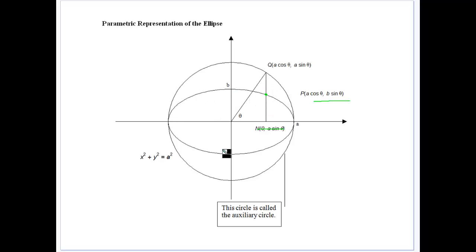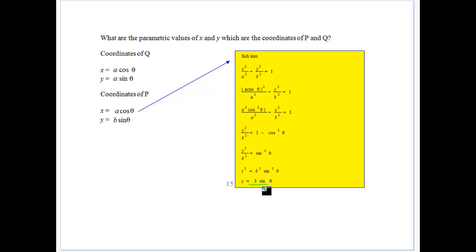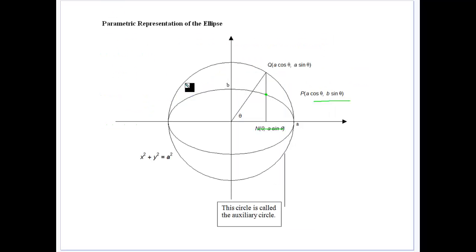But we know that if a cos theta gets substituted into the equation of that ellipse, we're going to get y being equal to b sin theta. So that's where the coordinates start to come from, because we know what the x coordinate is, and we can sub that in because that's the same x coordinate, because that's all in line.